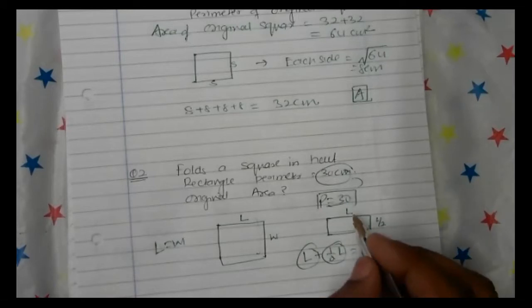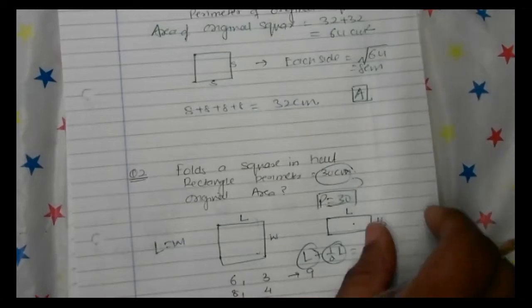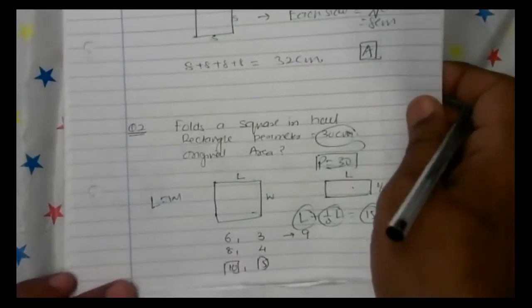So if you start, let's say this is 6 and width is 3, that totals 9. It's not good enough. Try again. 8 and 4 gives you 12, and that's not good enough as well. 10 and 5 are the numbers which give me 15 when you add them.